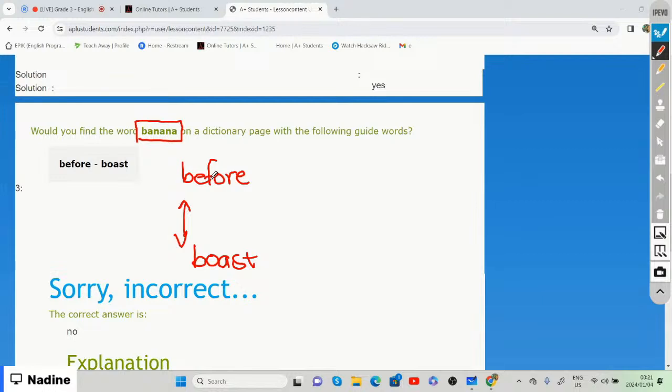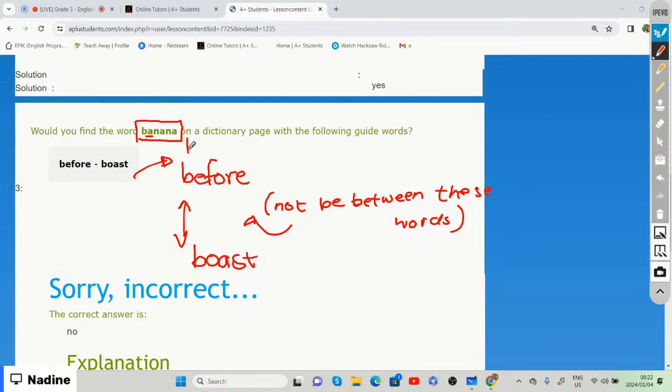All right, so some are saying yes and some are saying no. So basically, banana will not be found between these two words, because banana comes before, specifically because A comes before E, right?